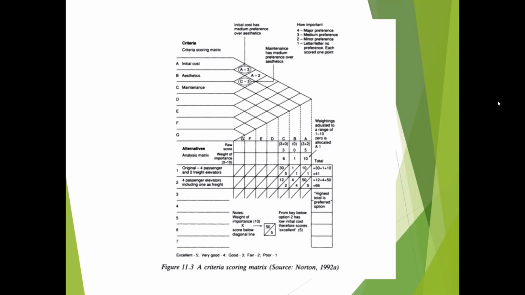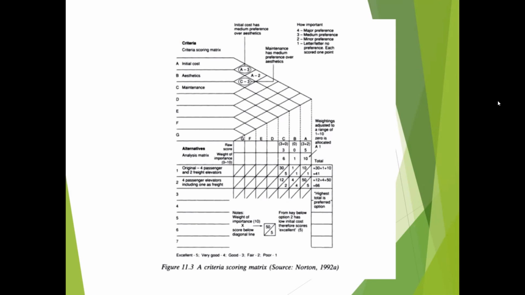And for that, we'll use a scale, right? So you look at that scale, a 4-point scale, where 1 is little or no preference. Each scored 1 point, right?